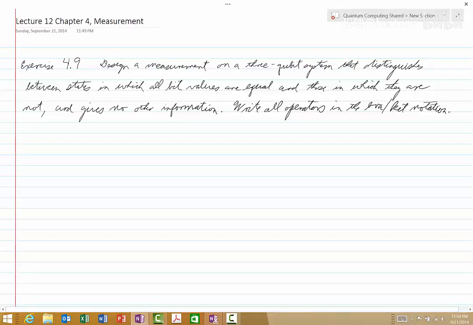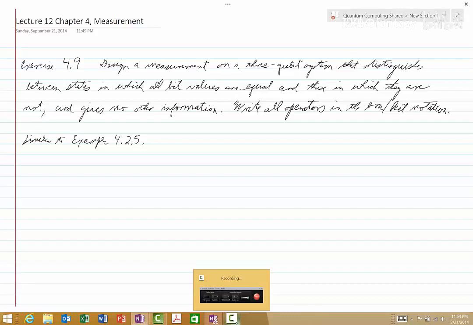So the first comment that I'll make about this problem is that it is similar to example 4.2.5. So the hope is that our work in doing this exercise will help in case you have any questions on that example.